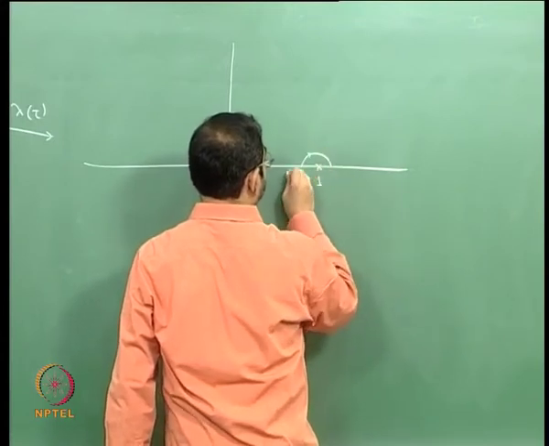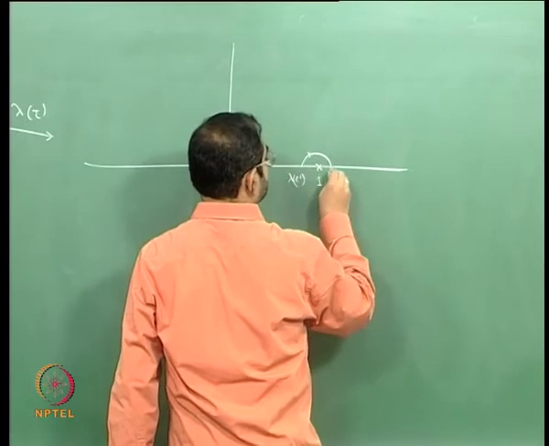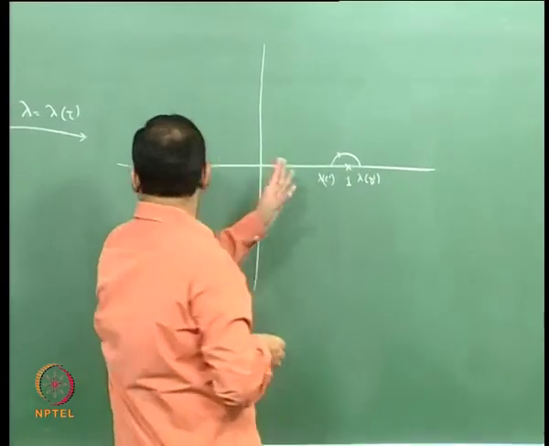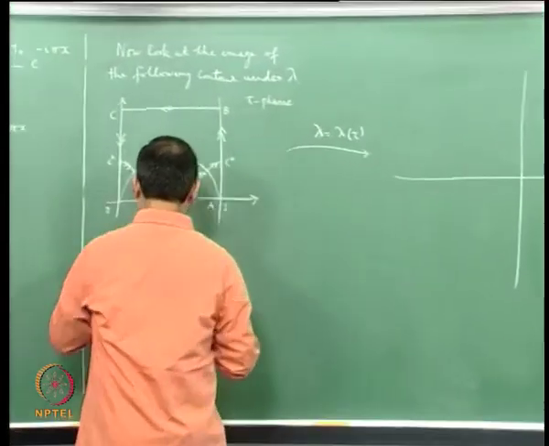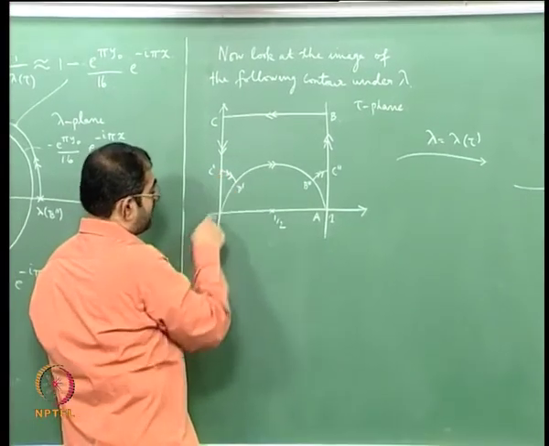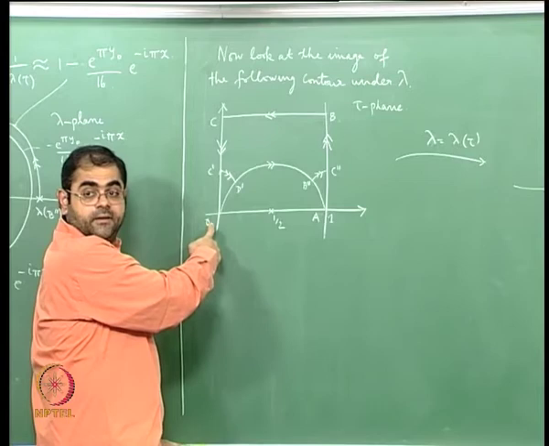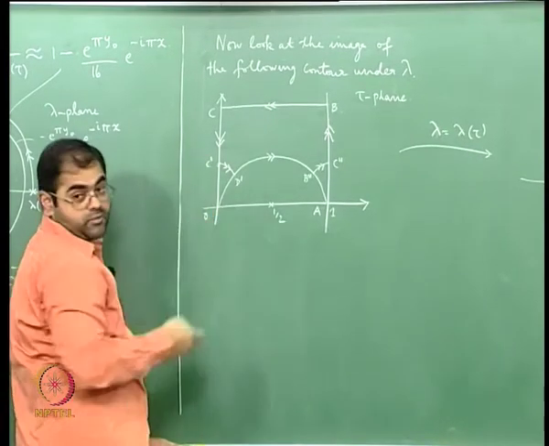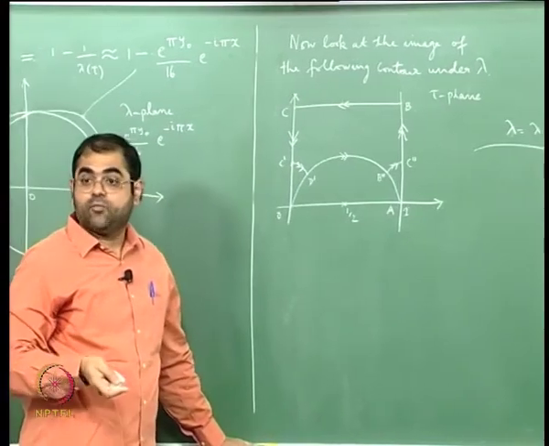so this will be lambda C prime, this will be lambda D prime. And the fact is that I am avoiding going to 0, and as you go to 0, lambda goes to 1, so I am avoiding 1.